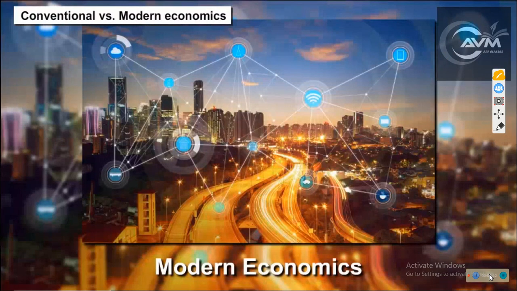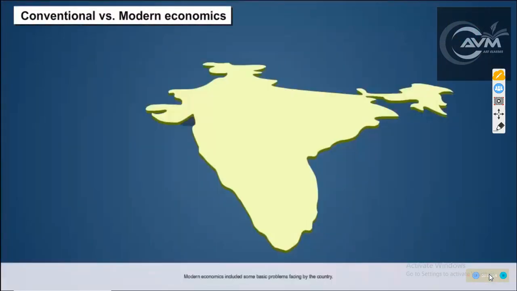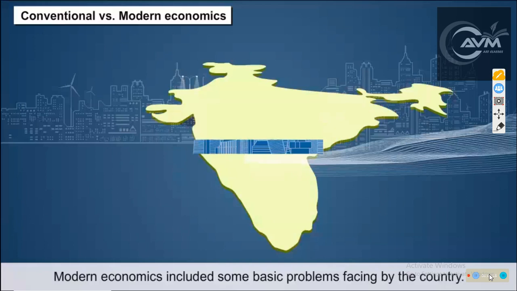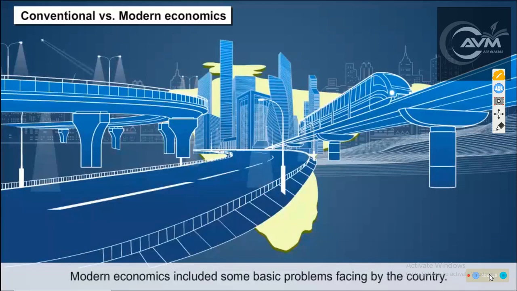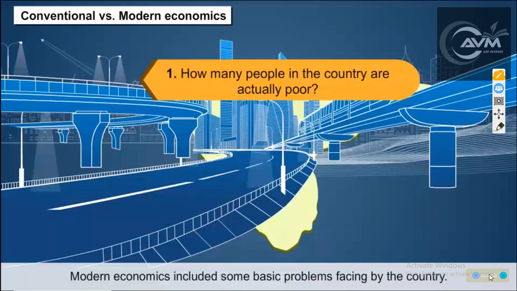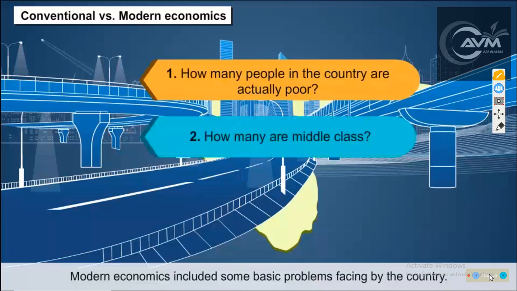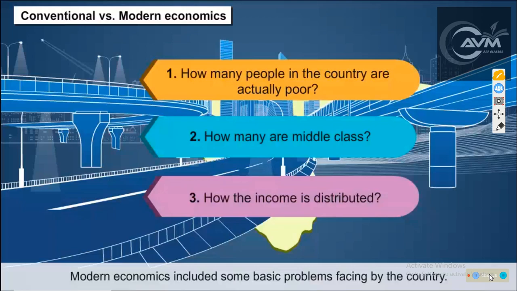Modern economics. Modern economics includes some basic problems faced by the country, like how many people in the country are actually poor, how many are middle class, and how the income is distributed.